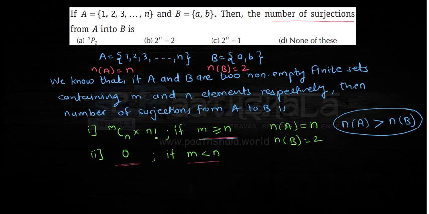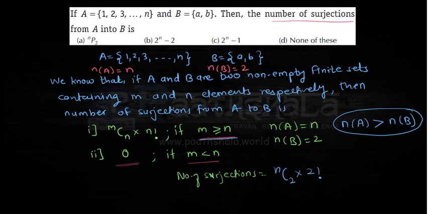Here m is greater than n, so the number of surjections will be mCn. Here m is n and n is 2, into n factorial, that is 2 factorial.